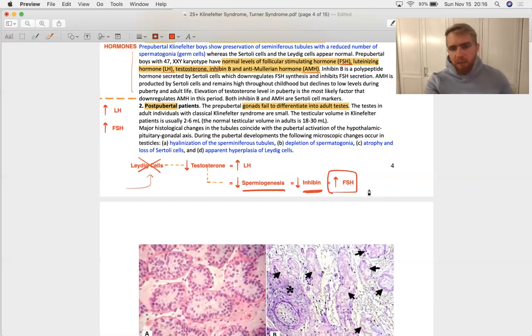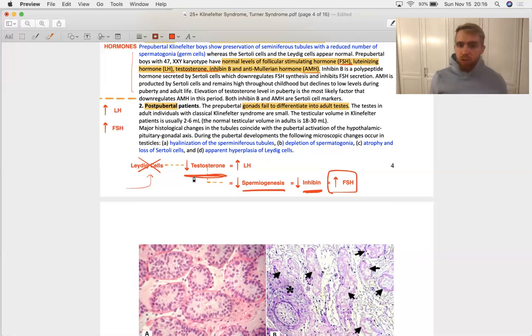And likewise, in the vein of negative feedback, if you are not making a lot of testosterone, well, testosterone feedback inhibits the pituitary to stop the release of FSH and LH. So if you are not making a lot of testosterone, you have no reason whatsoever to slow down LH production.